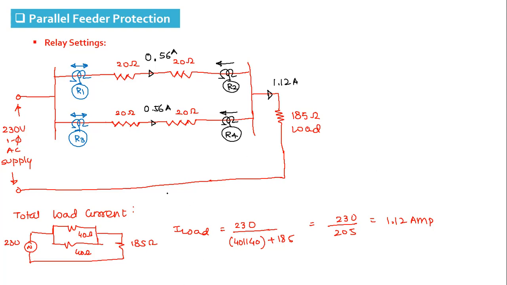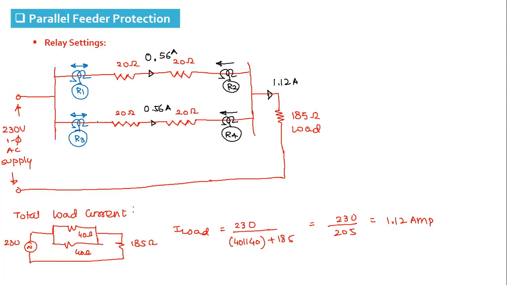Now see, the pickup of relays R1 and R3 must be greater than the total load current, not 0.56 ampere. The reason: suppose you calculate the pickup of R1 to be greater than 0.56. For a parallel feeder, when both the lines are working, it is fine. It will not have any issue.